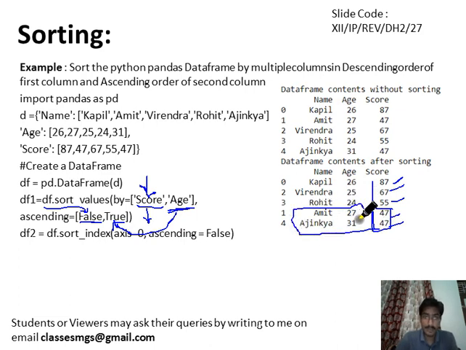In this case, who will come first, Amit or Ajinkya? Because the score is the same, the second level sorting will apply, and we have asked for ascending order. So whoever has the minimum age will come on top, and the maximum age at the bottom. So for 47, Amit will come at the top and then Ajinkya in the second position, because this is the ascending order.